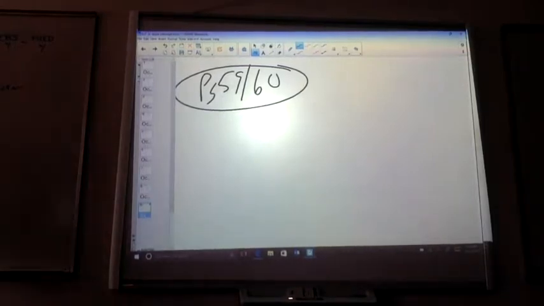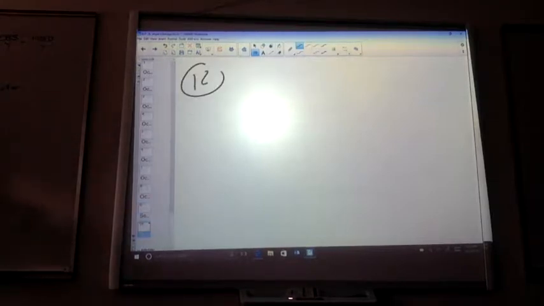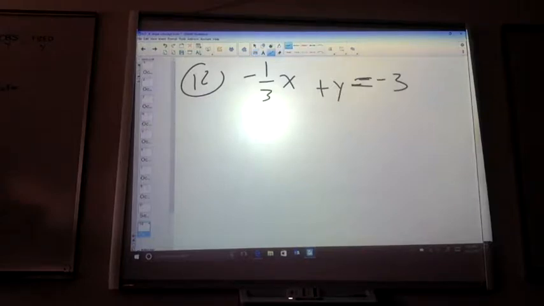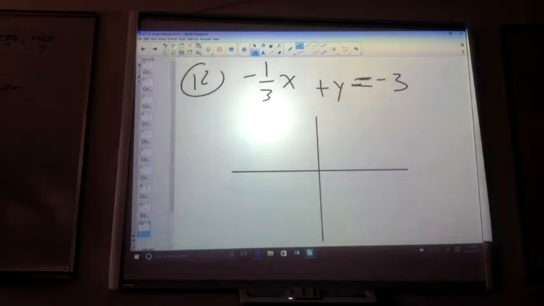All right, second page. Number 12. That's a good one. We have negative 1/3 x plus y is equal to negative 3. Okay.